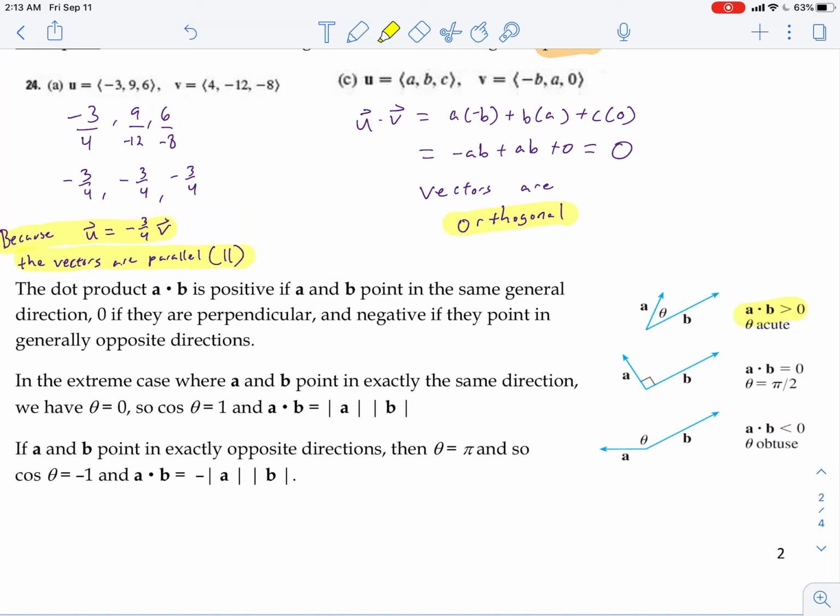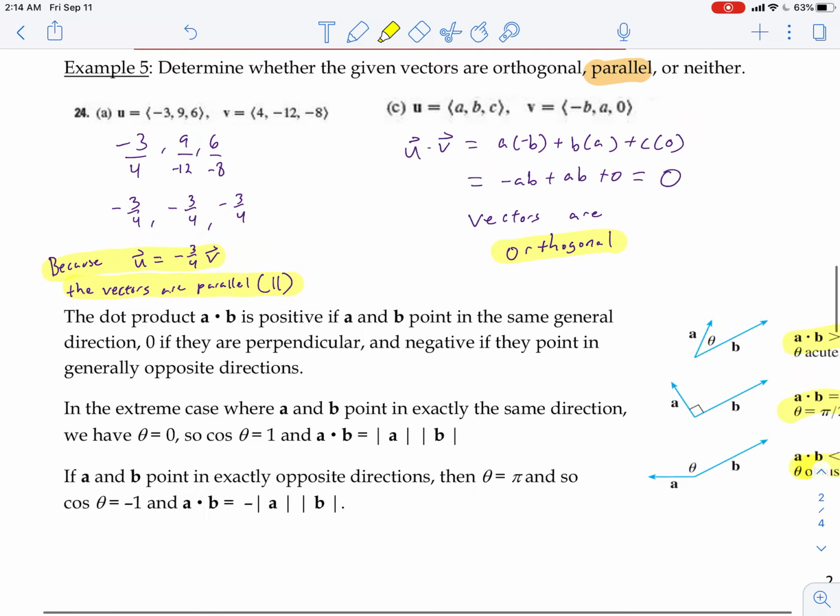So the angle would be acute. If we do the dot product and we get 0, it's orthogonal. So it's perpendicular. The angle formed between those is 90 degrees or pi over 2. And if you do the dot product between the two vectors A and B and you get a negative value, it tells you that the angle between is going to be obtuse.